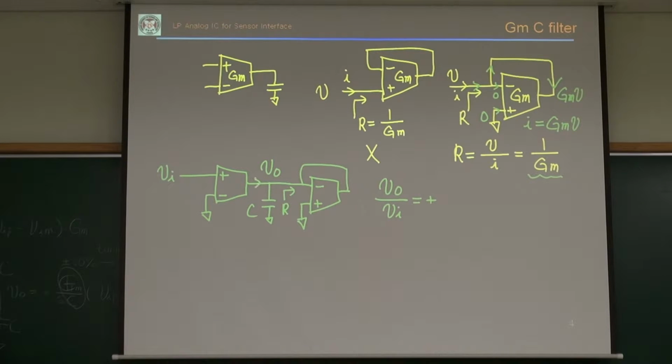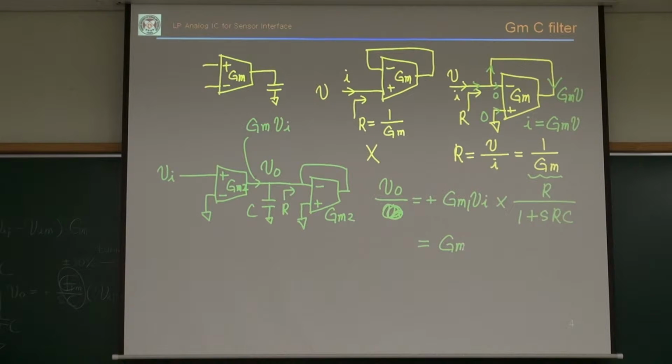There is a GM VI current flowing out, and that current is multiplied by the parallel combination of that resistance. This is GM2, and this is GM1.